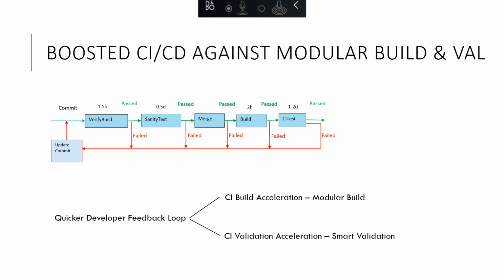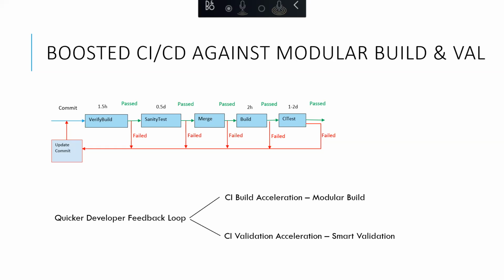So every day, we have around 15 commits. If each commit takes 1.5 hours to build, and another 2 hours to do the validation, then I think it will be very hard to apply sufficient validation coverage for each commit. So it will greatly impact the efficiency of our CI/CD.